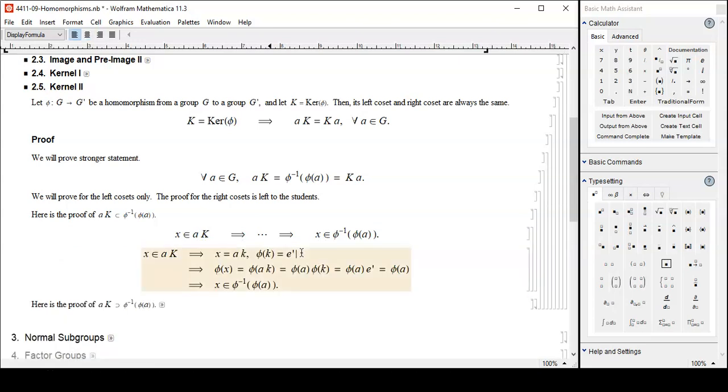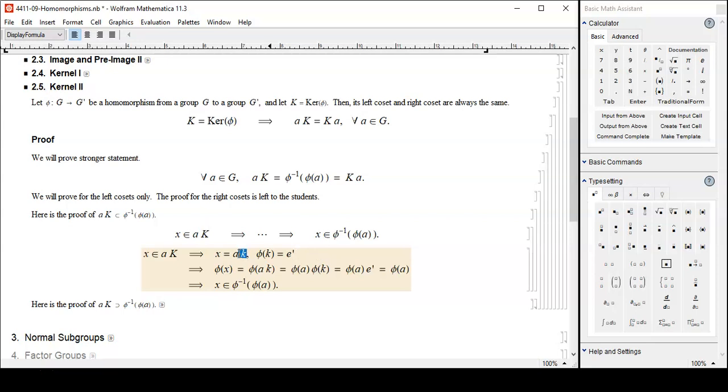So x belongs to the coset means x is a times k, where k belongs to the kernel. In other words, phi of k is e prime.